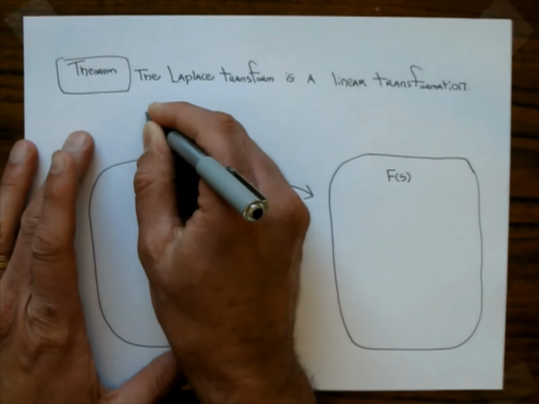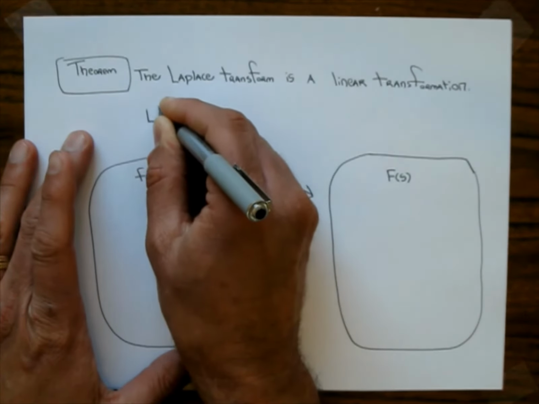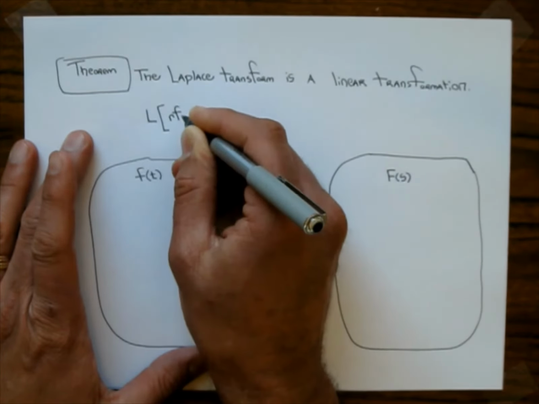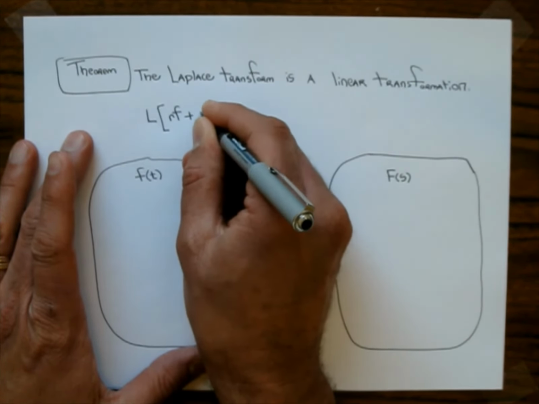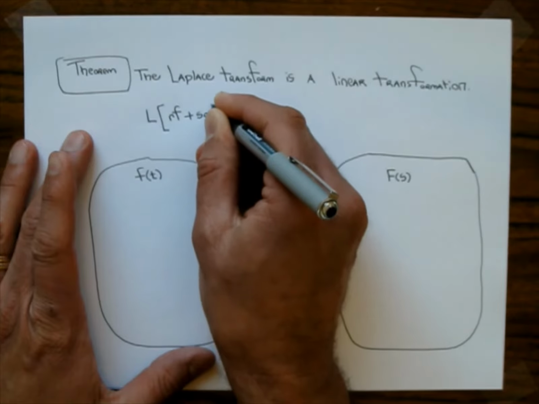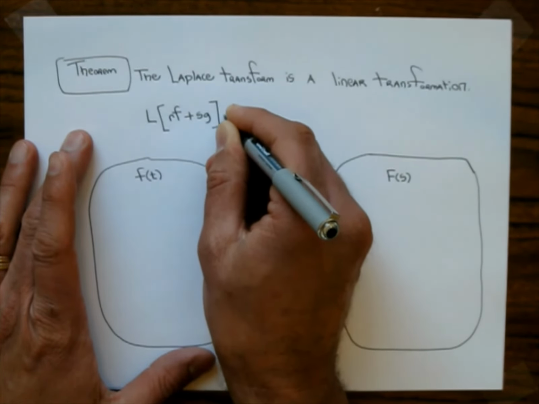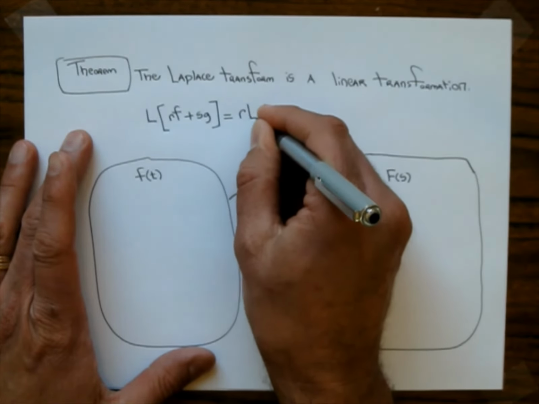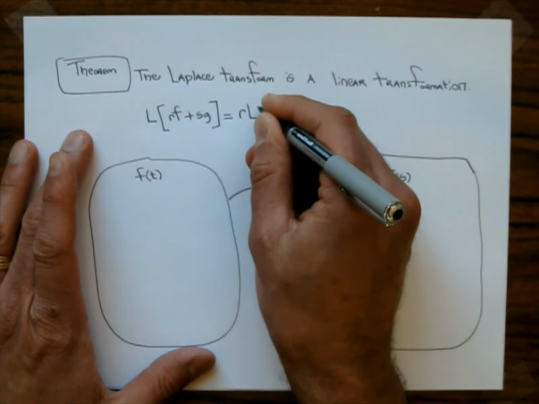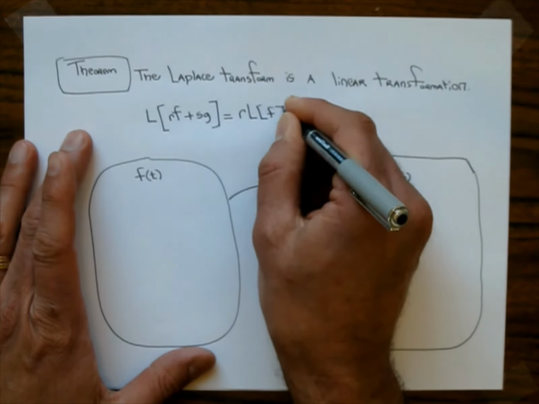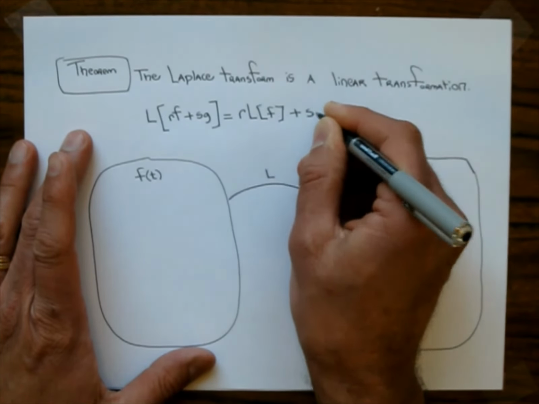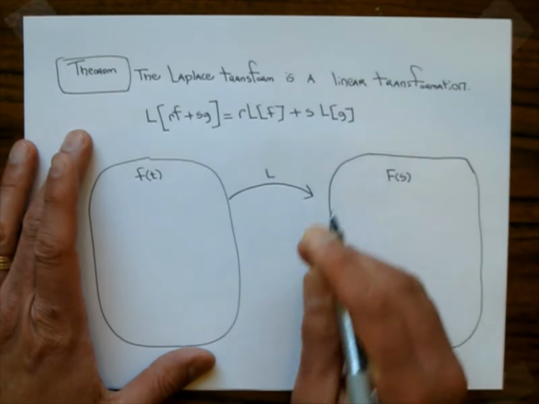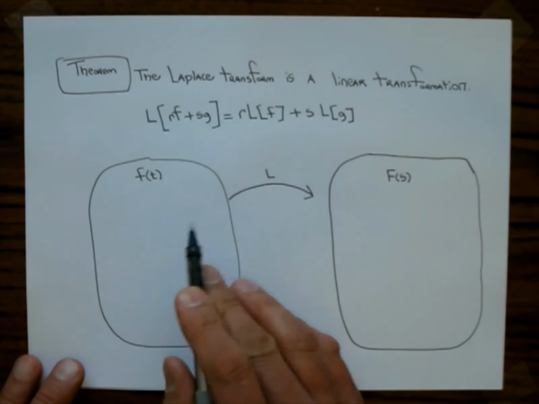It means that if you have r times f, where r is a scalar, and s times g, where s is a scalar, and f and g are functions, you can do all those things that you wanted to do when you learned about functions. Go r times L of f plus s times L of g. Okay, so that's what it means.